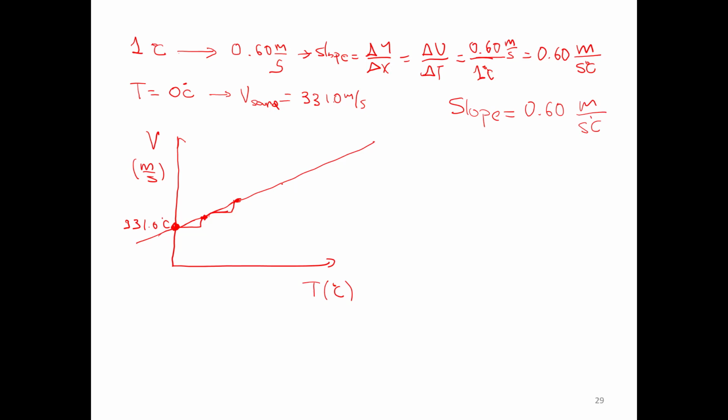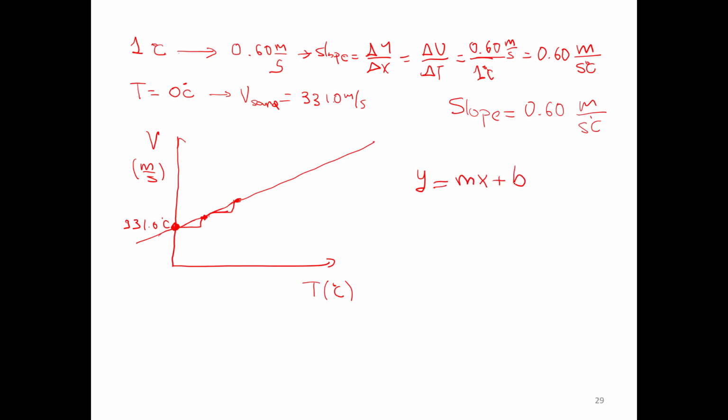And we know the relation between the velocity and the time is a linear relation, where the y-intercept is 331 and the slope of this line is 0.60 meters per second per degrees Celsius. Because it's a line, we can just write the general equation of the line.